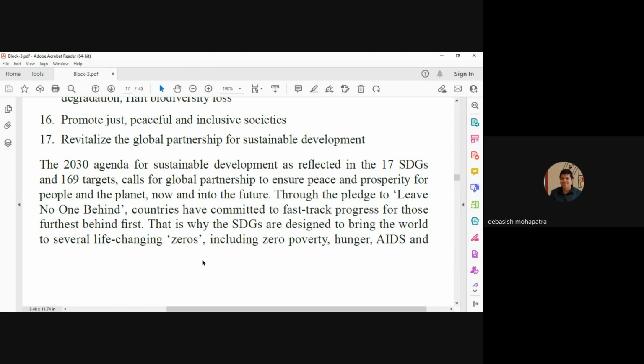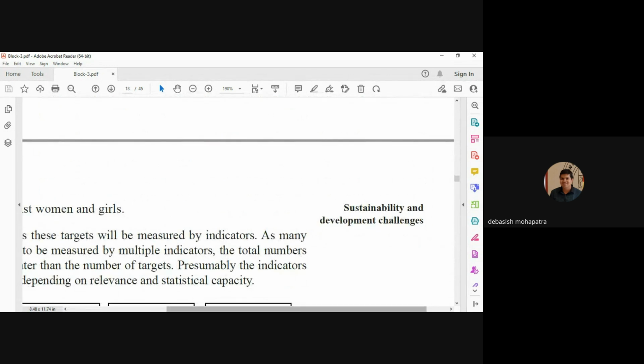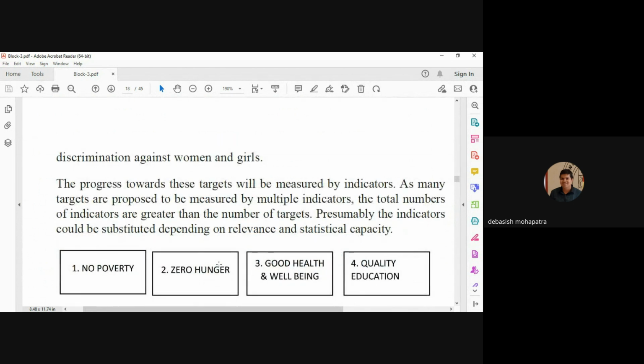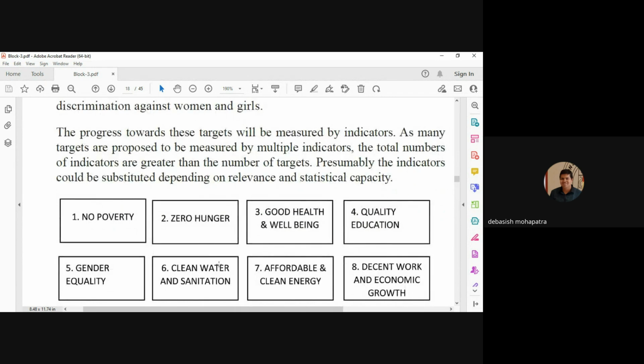That is why the SDGs are designed to bring the world to several life-changing zeros, including zero poverty, hunger, AIDS, and discrimination against women and girls. The progress towards these targets will be measured by indicators, as many targets are proposed to be measured by multiple indicators. The total number of indicators is greater than the number of targets. Presumably, the indicators could be substituted depending on relevancy and statistical capacity.